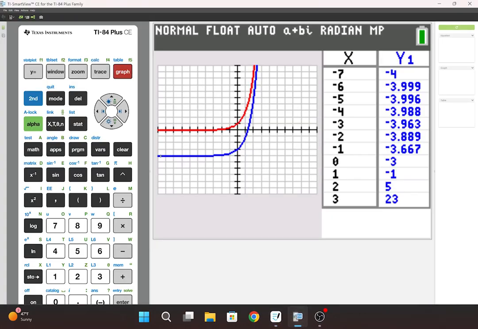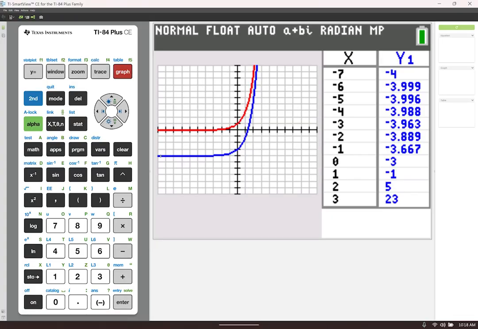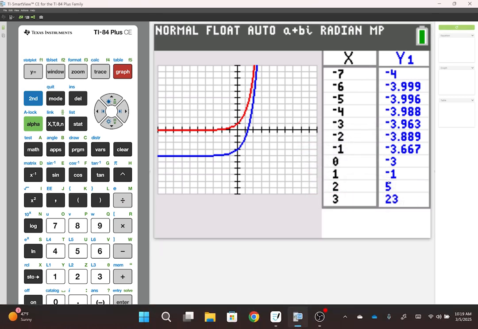All right, so get your table of values. Now I do want to point this out. We can see that these y values are getting closer and closer to -4. Eventually your calculator just rounds it. So we don't ever actually reach -4, but your calculator is rounding that. So I'm going to start with x = -1, y = -3.7, and graph all the way to x = 2, y = 5.